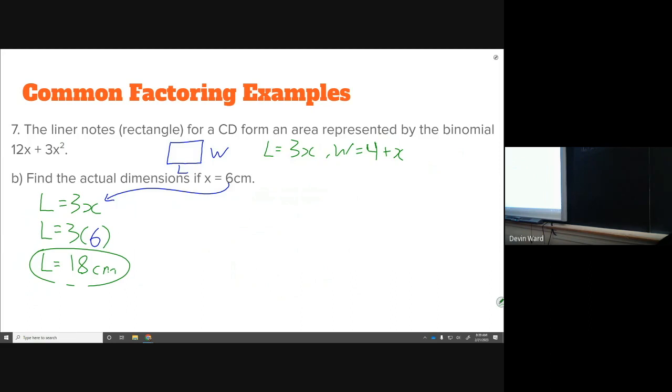And then we do the same thing for width. So our width is 4 plus x. So I'm going to sub in 6 for x again.